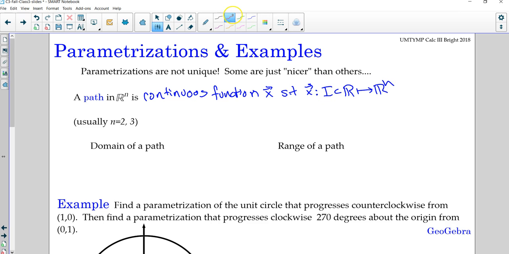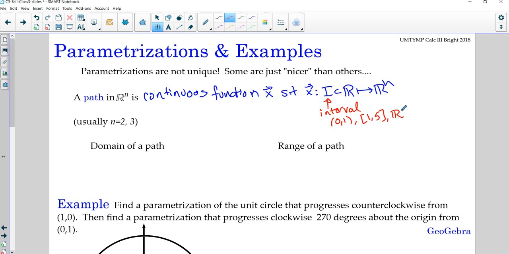And I'll just note that this here is an interval. It could be the entire real line, or it could just be a piece of it. So this could be something like 0 to 1. It could be something from, like, inclusive at 1 to 5. It could be all real numbers, etc., etc.